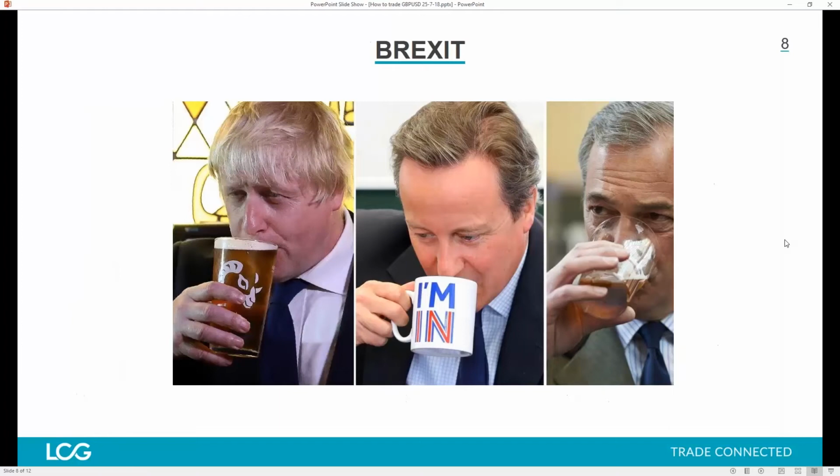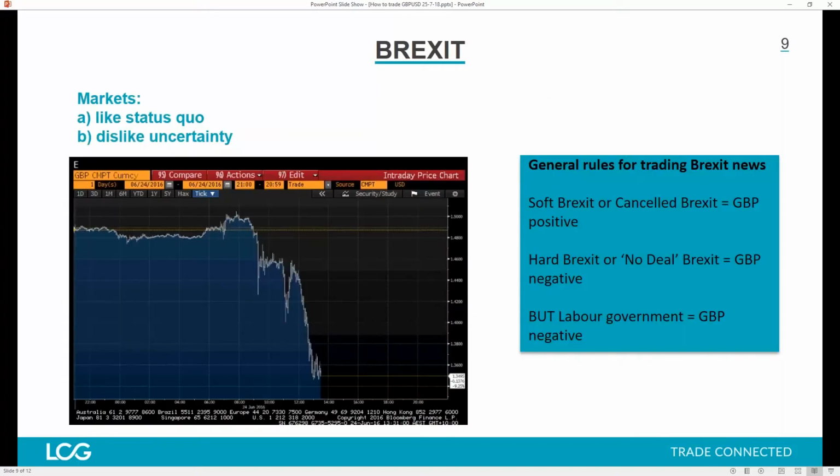So the general idea with Brexit, and this is a good general concept to keep in mind, is that markets like the status quo, they dislike uncertainty. So while certainly, obviously, many people have very strong opinions about what Brexit will do to the UK economy in the long run, ultimately no one really knows.